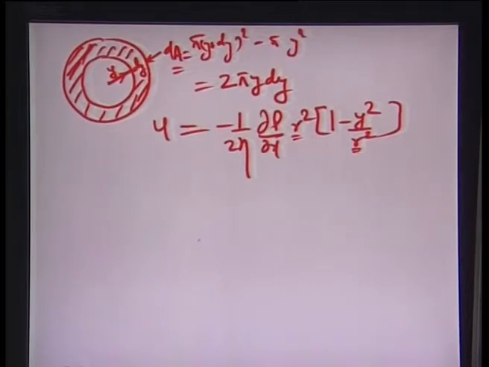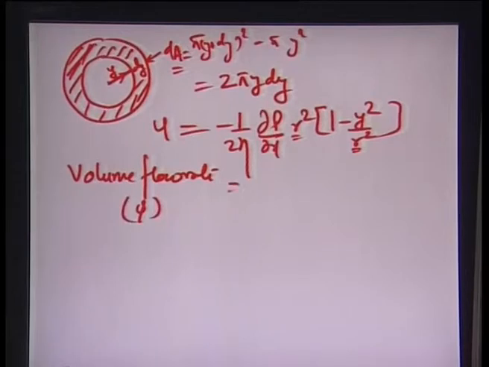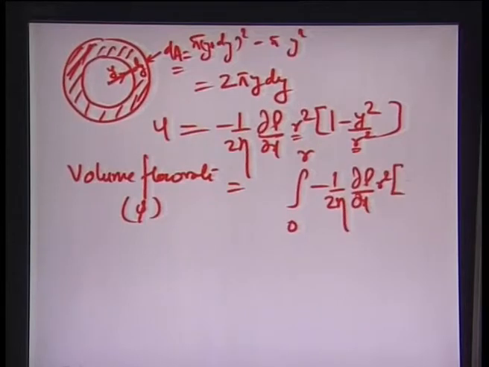And so, if you want to find out the volume flow rate, or phi, this becomes equal to the integral from 0 to r of minus 1 by 2 eta del p by del x r square times of 1 minus y square by r square. This is the u value times of 2 pi y dy.